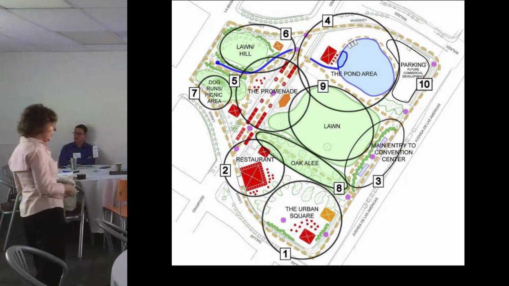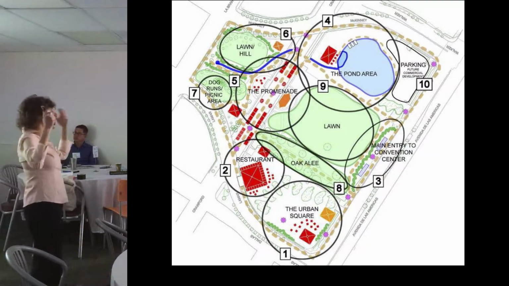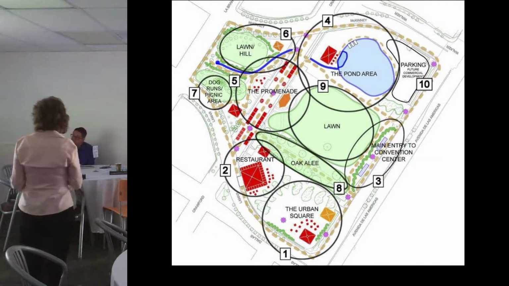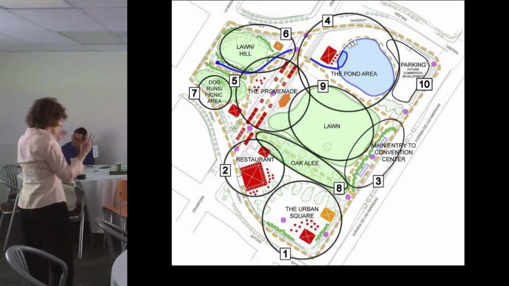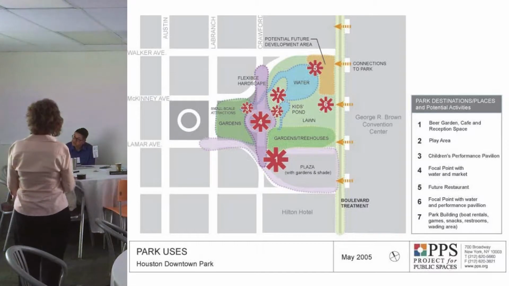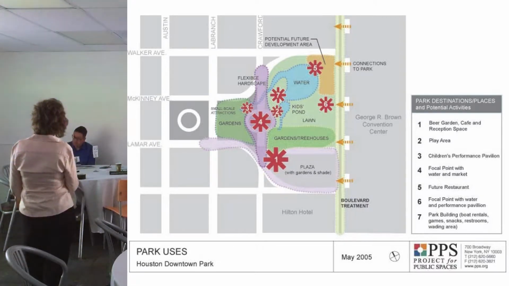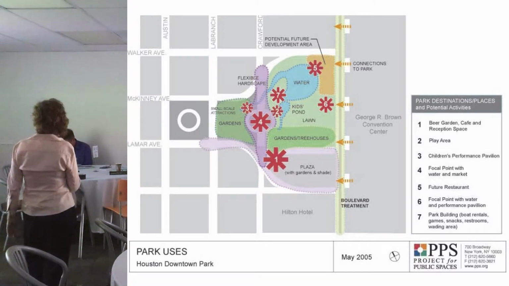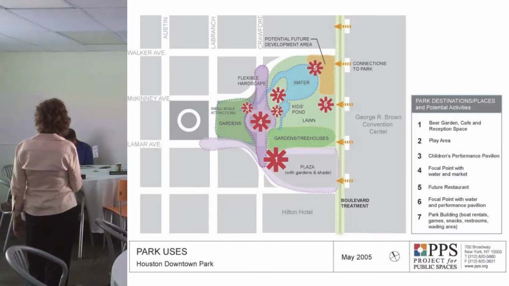And if we want to have people living here, people have dogs, people have pets, people have children. So here's the dog run and picnic area, Mullen Hill. So this was very early sketching. We got a little bit more specific after that with some of the amenity destinations in those sites. So the beer garden, the play area, children's performance, water features, a future restaurant, park building.